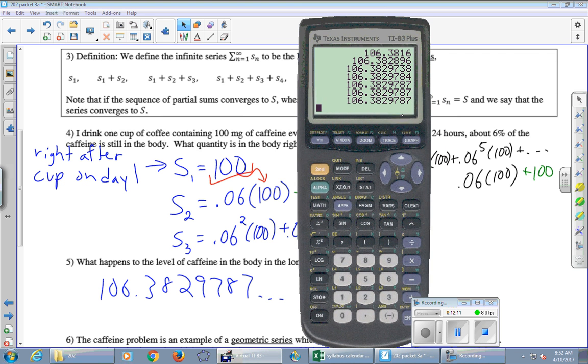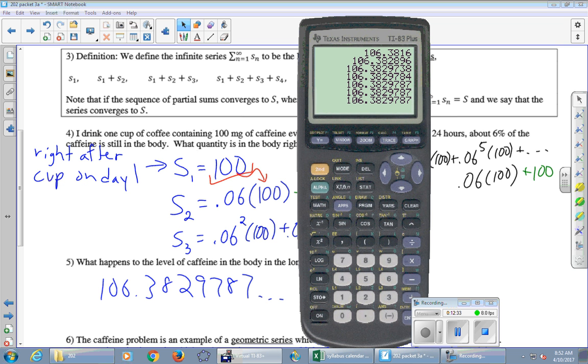And what was our word the other day for a list of numbers? Series is our new word for today. Sequence was our list of numbers, right? And we defined what it means for a sequence to converge. It just means it has to approach a single finite number. And it appears that's exactly what's happening here.